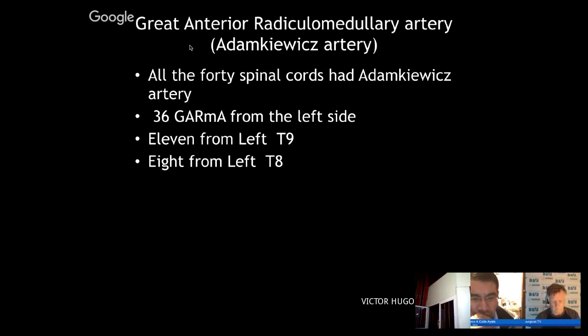All the 40 spinal cords had an Adamkiewicz artery. It was very common. In 36, the great anterior radiculomedullary artery was from the left side, 11 from left T9, and 8 from left T8.